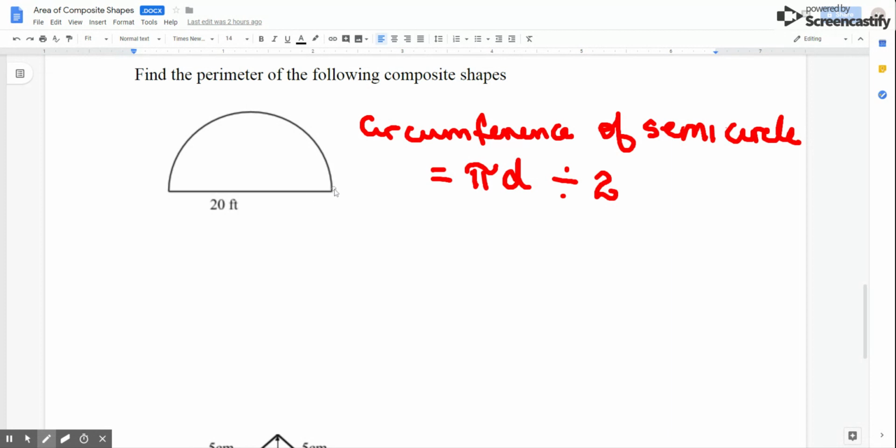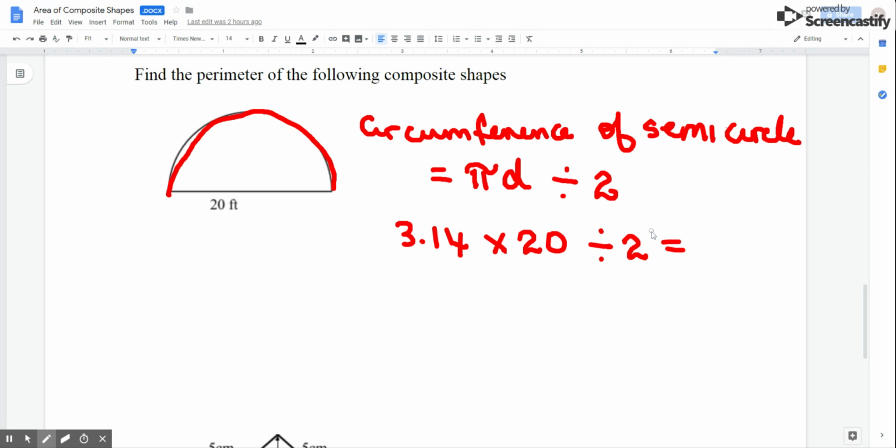So when we find the length of this section all the way around, it's 3.14 times 20 divided by 2. And that gives us 31.4.